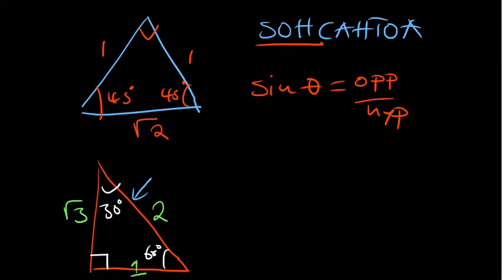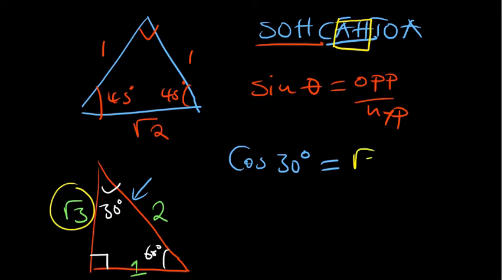So in a case where you're trying to find the cosine of 30, according to SOHCAHTOA, the trig ratios are telling us it's adjacent over hypotenuse. So the adjacent is that side, and the hypotenuse still remains 2. This will be very useful as we proceed. I can also give you an example of sine 45.